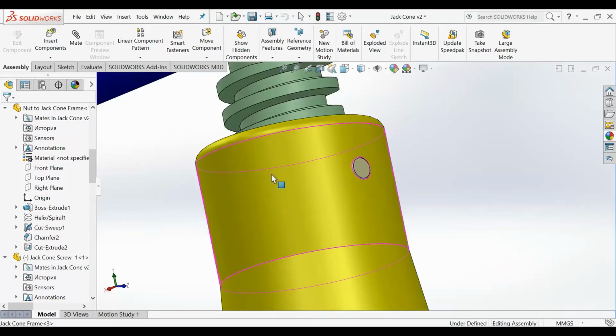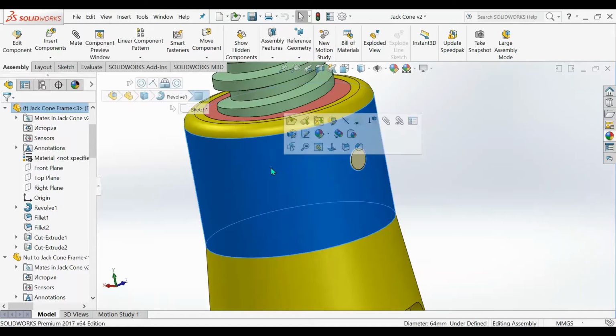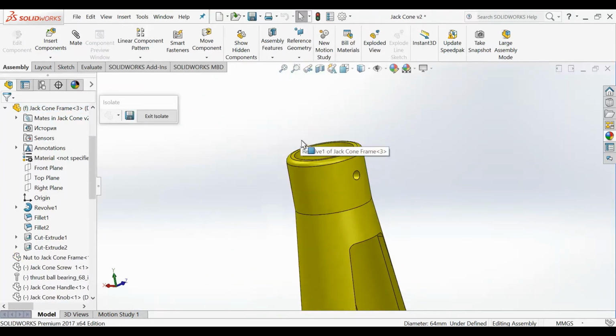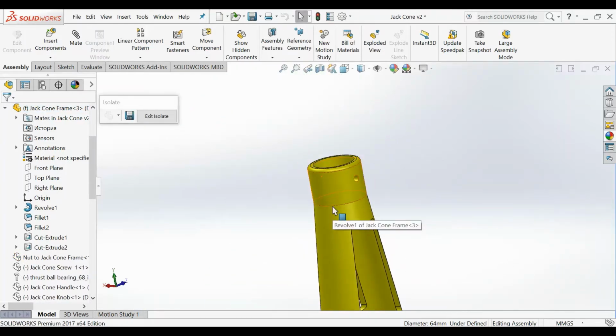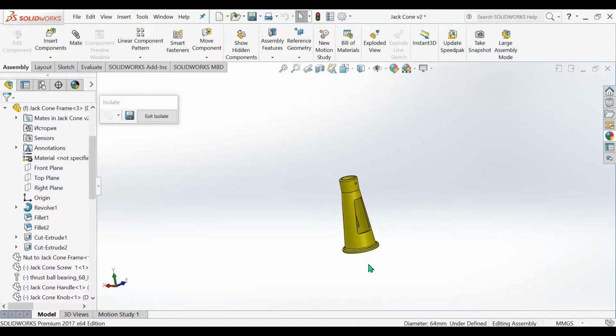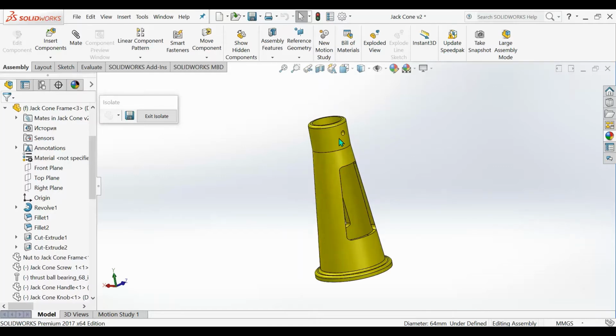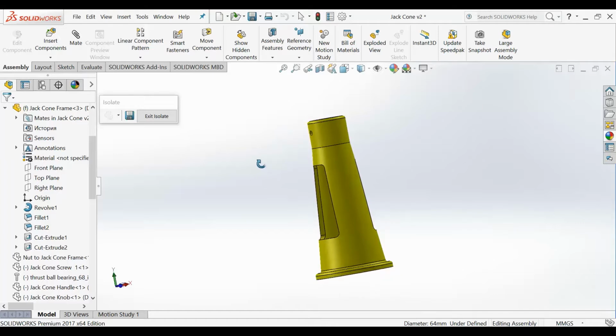Then the frame or case, this element. It unites all elements in one mechanism, transmits the external axial force and driving torque from the nut to the base. Base may be anything which fixes the frame in its position.